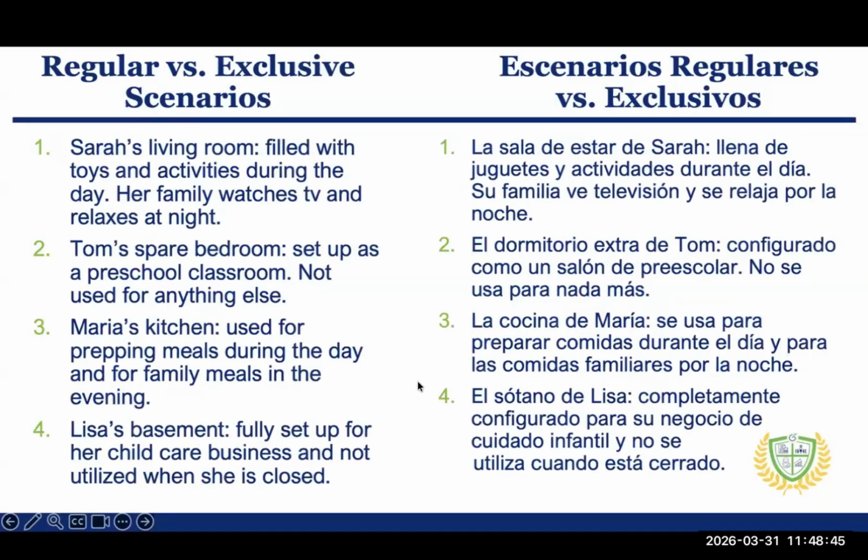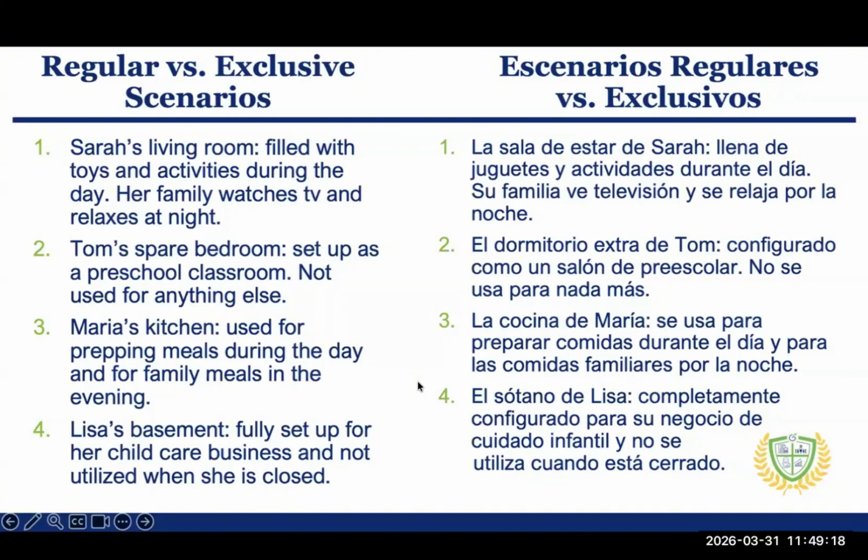That means it's a regular use space, because during the day it's used for the business, and during the evening it's used for the family. That's personal use. Now, let's look at scenario number two, Tom's spare bedroom. It's set up as a preschool classroom and is never used for anything else. This is an exclusive use space.